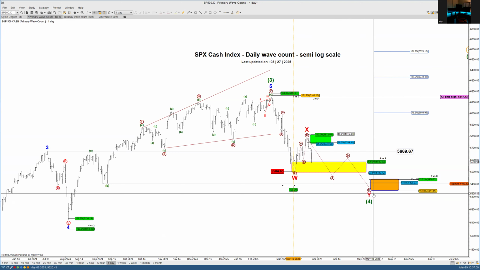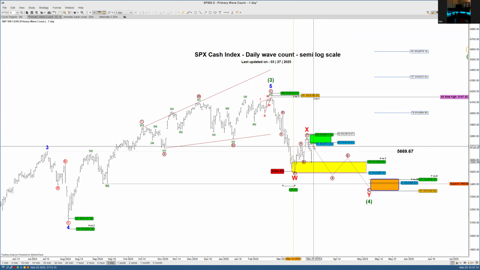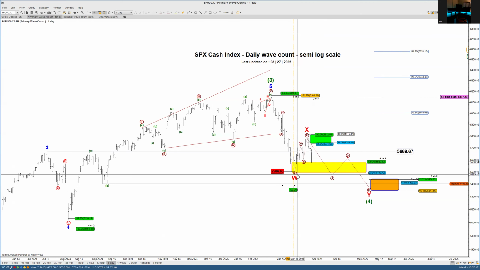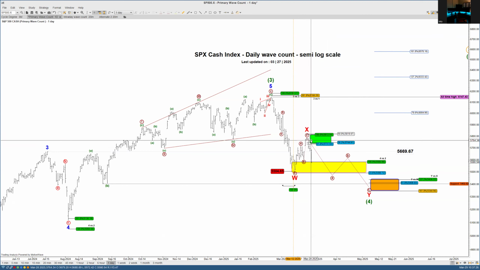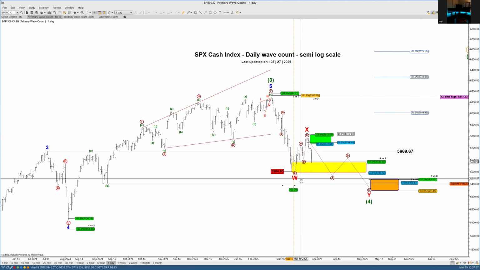I will do the same thing here as well, but it all depends if we're going to take out this low or not. Anything is possible, and it is fine, but this X-wave is very short. Normally, X-waves chew a bit more time because the complexes are not as flat, those ABC zigzags.